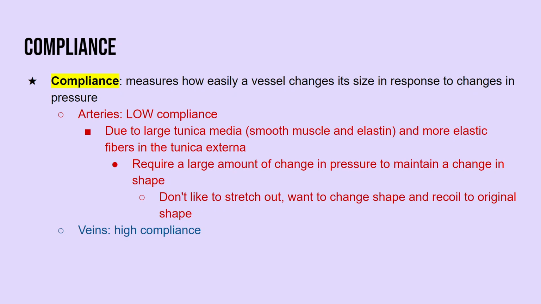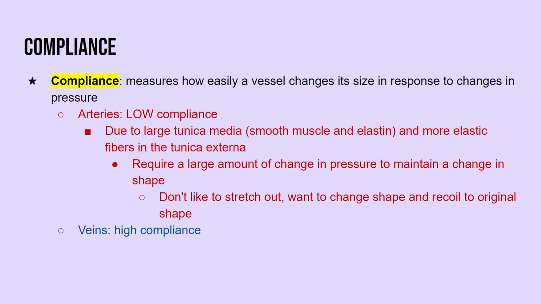So next is compliance. This just measures how easily a vessel changes its size in response to changes in pressure. As we've talked about, arteries have a low compliance due to their large tunica media and high presence of elastic fibers.